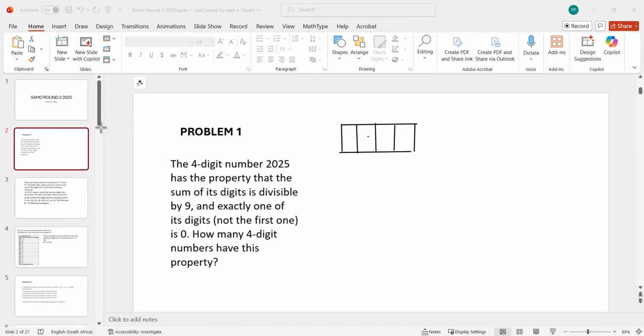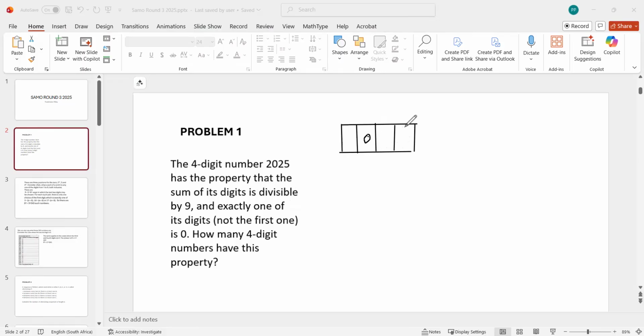Suppose we look at just this one here. Now we count how many numbers with a 0 in the second place make the sum of the digits divisible by 9. The sum of the digits of that number must be divisible by 9.